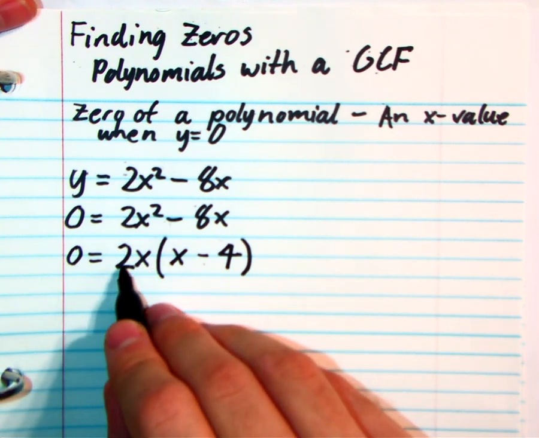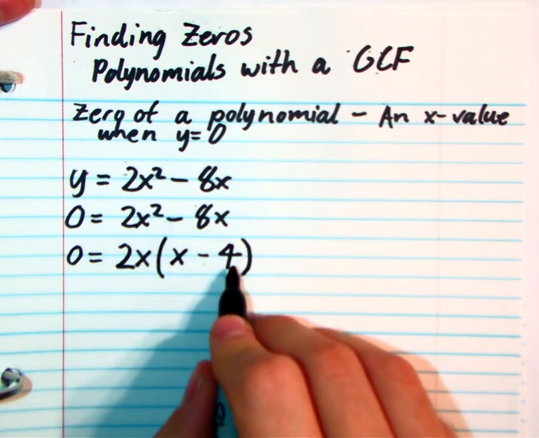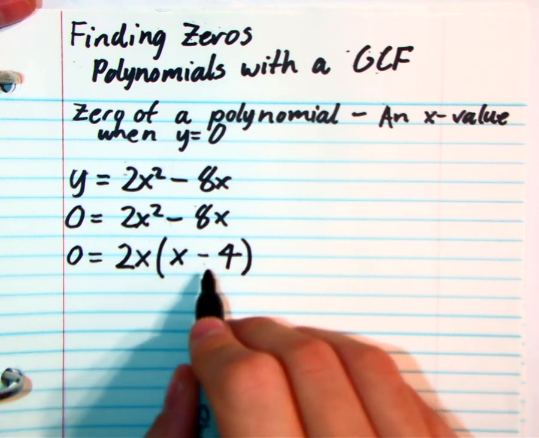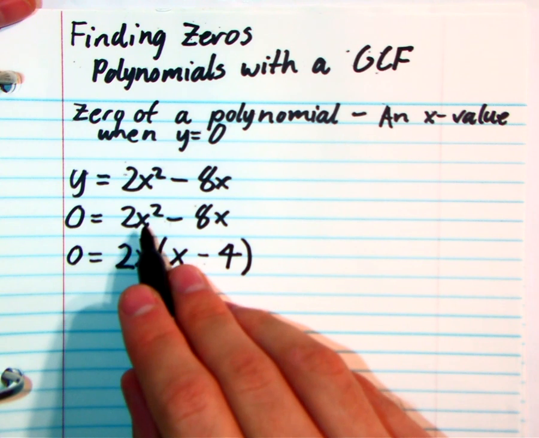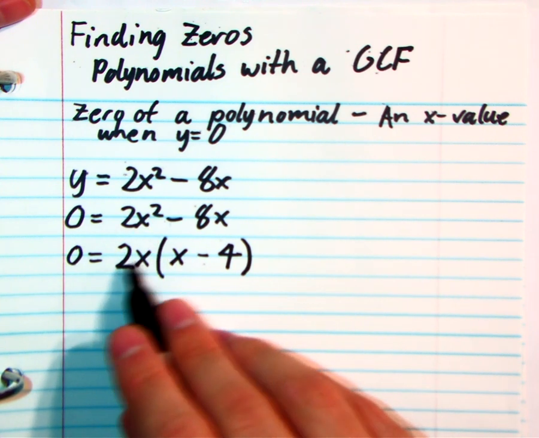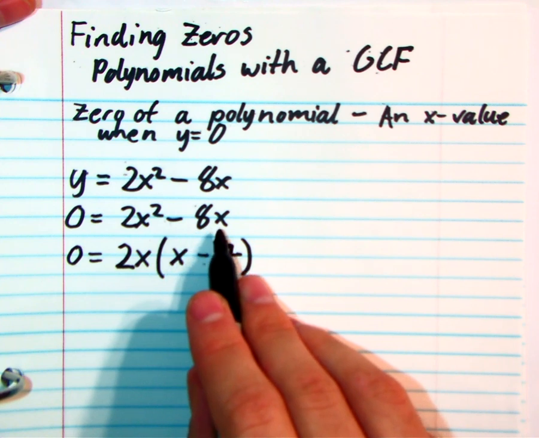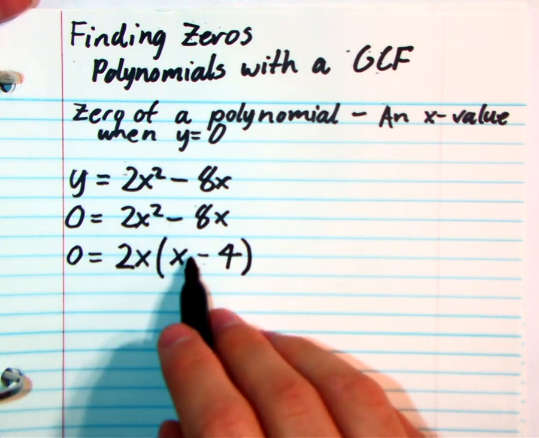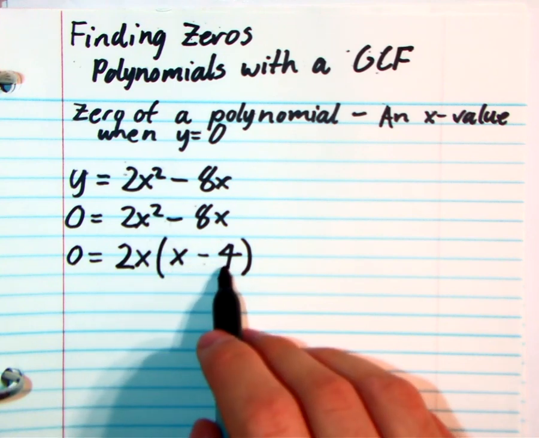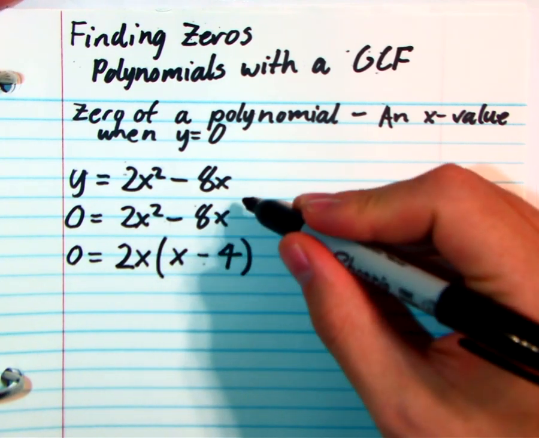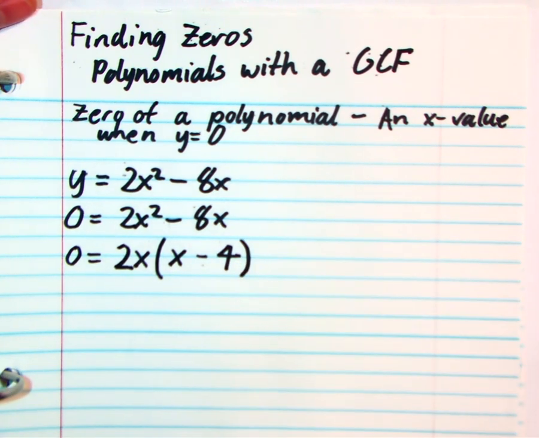What if I multiplied 2x back into this other factor, x minus 4? I'd get 2x times x, that's 2x squared, and 2x times negative 4 is negative 8x. So I would get the polynomial that I started with, which confirms that I factored correctly.